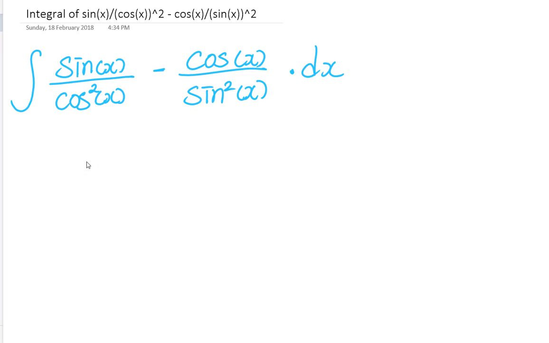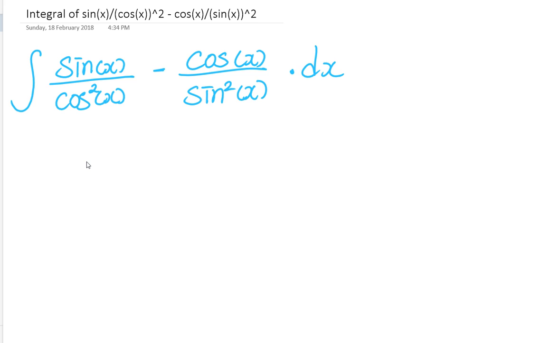Hello. We are tackling this particular integration problem today, and looking at this is rather disgusting because it's got a sine x on the denominator, and then the cos x squared.